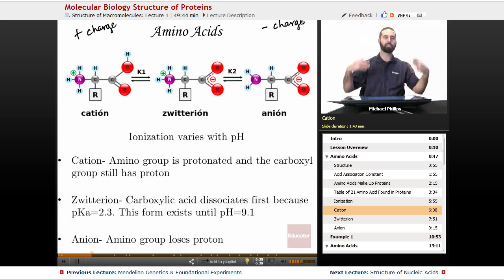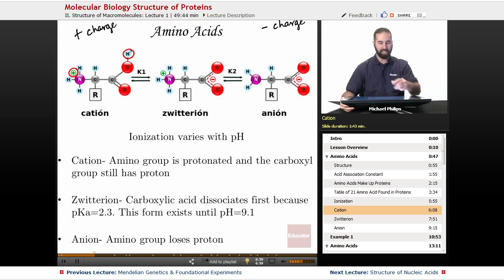That's what we normally think of. Now, our cation form is when we have our amino group being protonated, so we have this extra positive charge right here because it has an extra hydrogen. And we still have the carboxyl group having its proton.